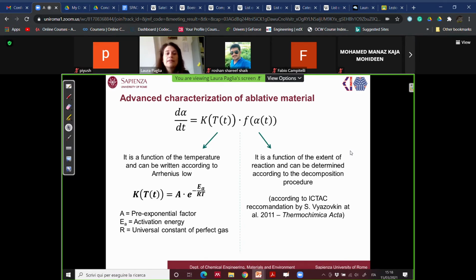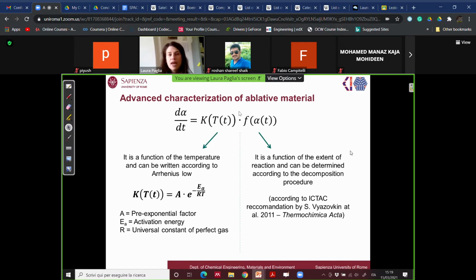And A is another important parameter: if A is higher, then the velocity of the reaction is higher. Okay. Then we have another function.